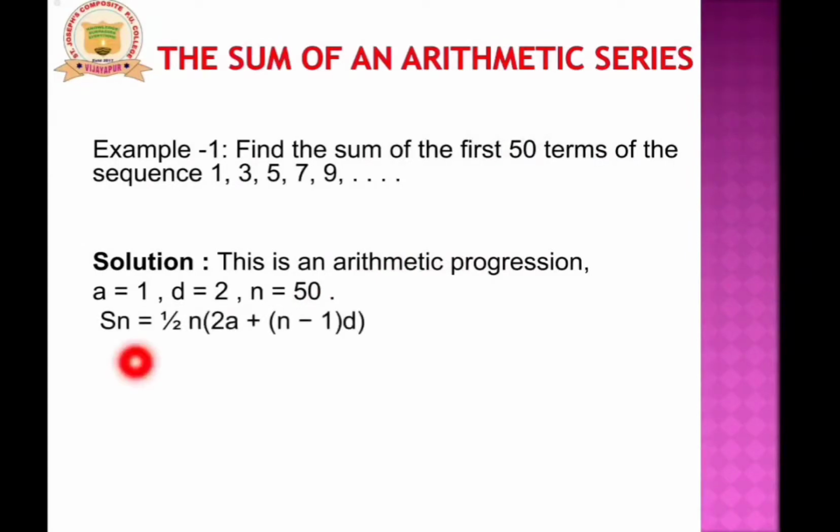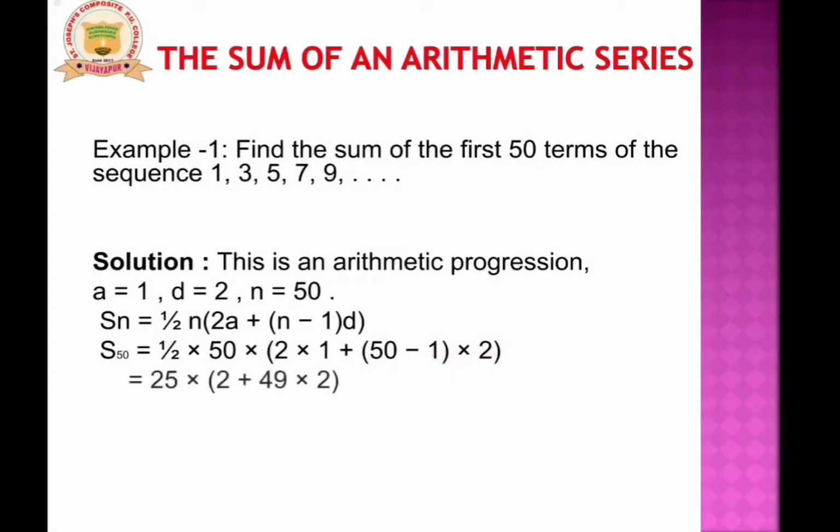And we know the formula, the sum of the n terms of the arithmetic series is Sn is equal to n by 2 into 2a plus n minus 1 into d. Now we are going to substitute the a value, d value, n value here. Then we get 50 by 2 into 2 into 1 plus 50 minus 1 into 2. 50 by 2 is 25 into 2 into 1 is 2, 50 minus 1 is 49 into 2.